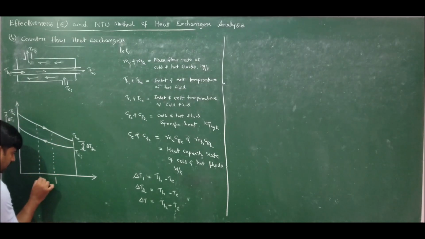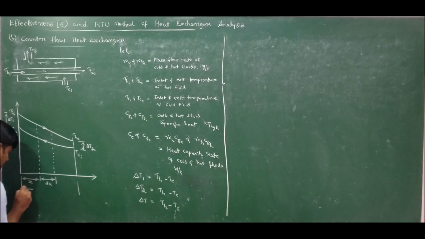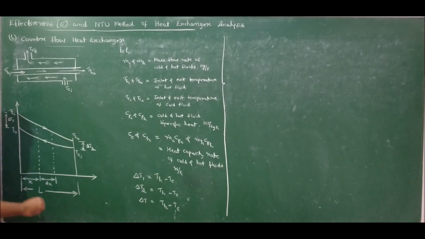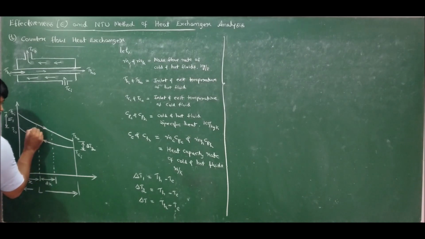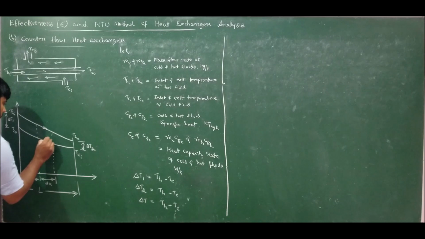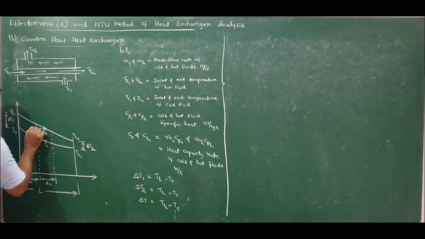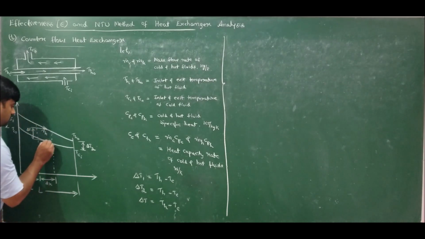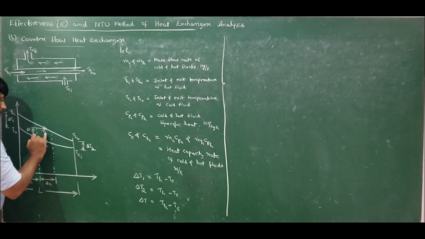So this is the overall length of the heat exchanger, L. Now in the elemental length, let TH and TC be the bulk temperature of the hot and cold fluid in the elemental length dx, and let us take this difference as delta T, that is TH minus TC.